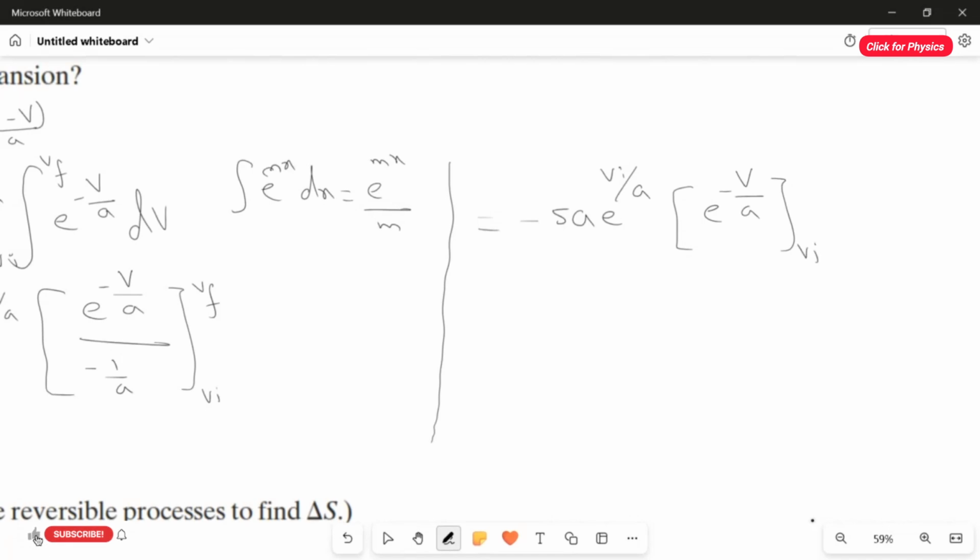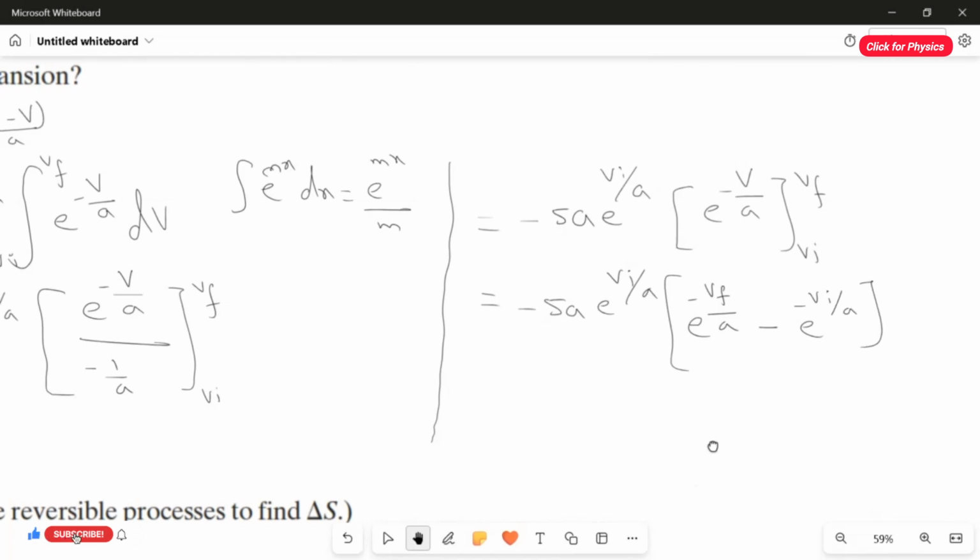Now we have to apply the lower limit and the upper limit. If you apply this, what you will get, minus 5a e power vi over a. Here we can write e power, I'm going to substitute the limit. So upper limit first we have to substitute. So e power minus vf over a minus, then now lower limit, e power minus vi over a.